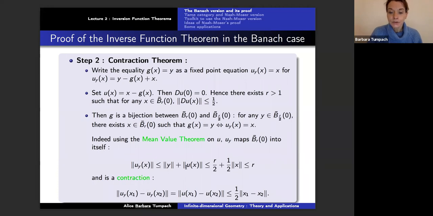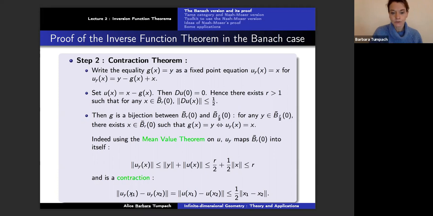So the norm of u of x is less than 1/2, this was a constant we took, times the norm of x. And this is less than r if the norm of x is less than r. So the ball of radius r is preserved. And more or less, the function u sub y is a contraction there.